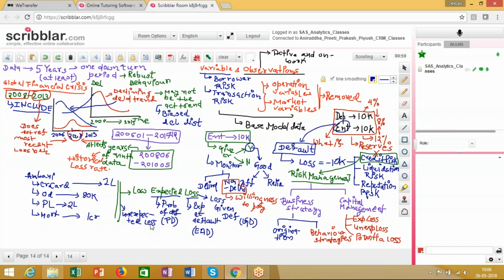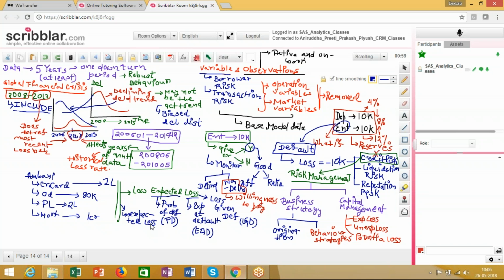Now, apart from this, there can be a third source of loss. Expected losses have a greater probability of occurring because they arise from the portfolio behavior, but that is tracked from the account management strategies. Unexpected losses have relatively lower chances of occurring, but the relative exposure that unexpected losses create for the banks is higher.